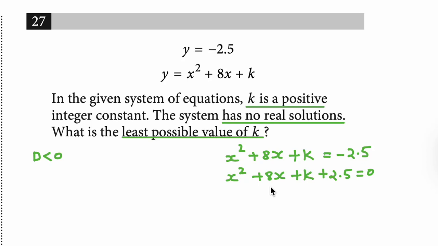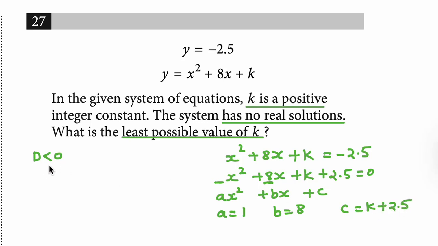In this equation, if I compare it with the standard form, ax² + bx + c, where c is the constant, a is 1, b is equal to 8, and c is equal to k + 2.5.